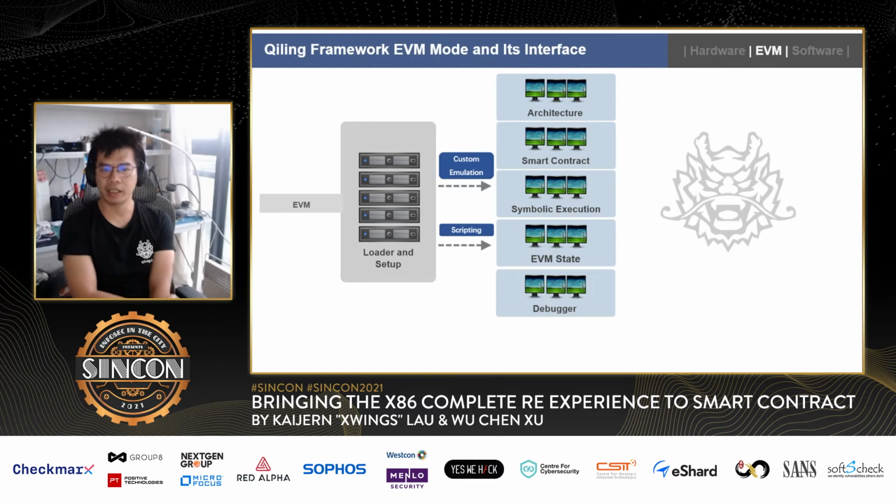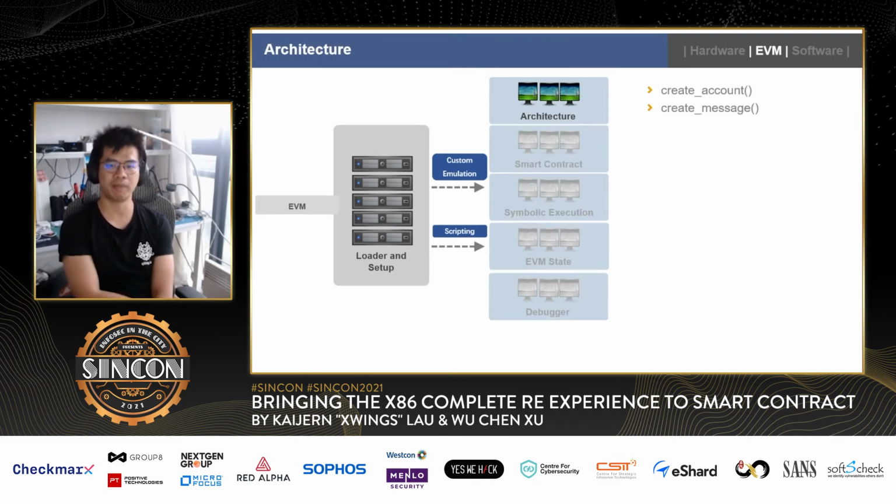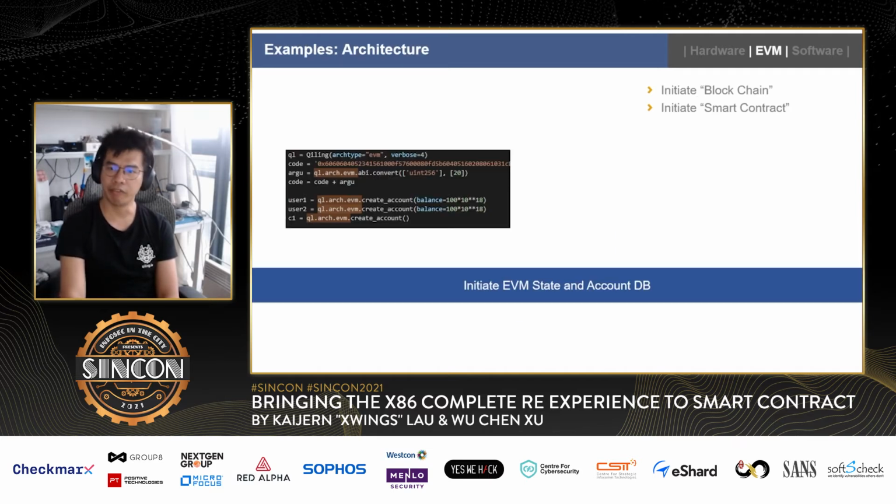So there are certain modes that we would like to talk about. We're going to start with the architecture, the smart contract, the symbolic execution layer, the EVM state, and the debugger. Once we receive a smart contract, either in a binary format or in a hex code format, when you set up the architecture, you can always create an account and create a message. Those are the two key APIs that we have provided inside the framework.